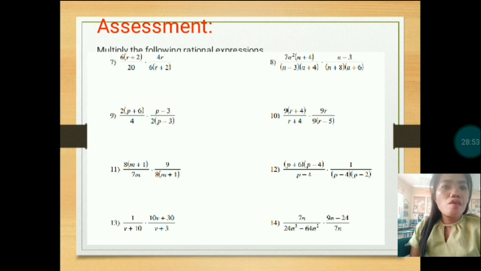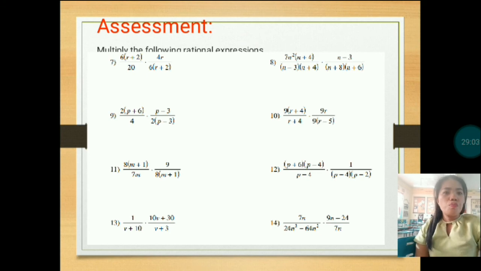We have number 7, you have 6 times r plus 2 over 20 times 4r over 6 times r plus 2. Number 8, you have 7n squared times n plus 4 over n minus 3 times n plus 4 times, you have n minus 3 over n plus 8 times n plus 6.